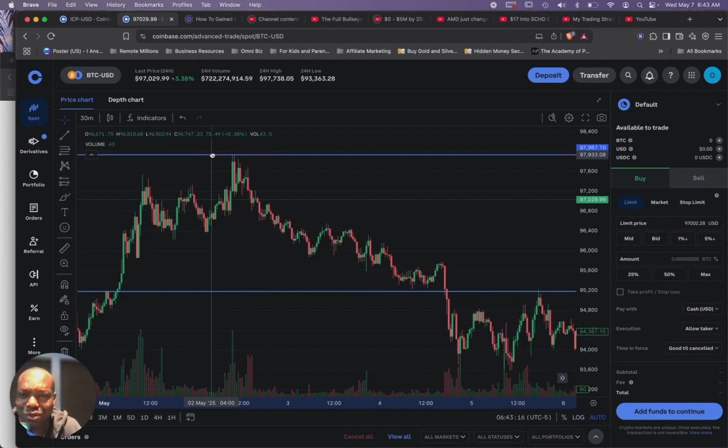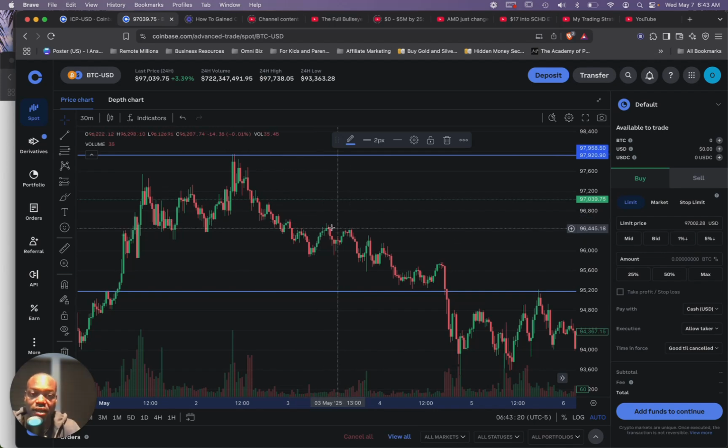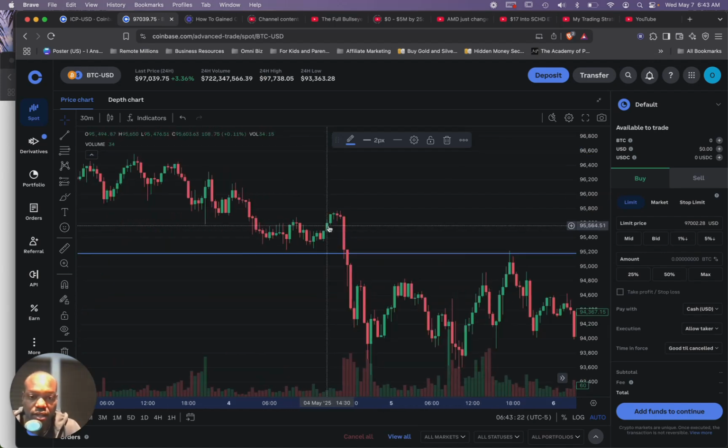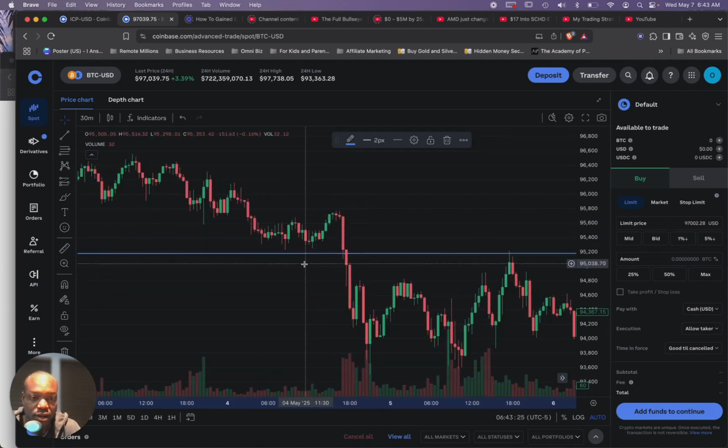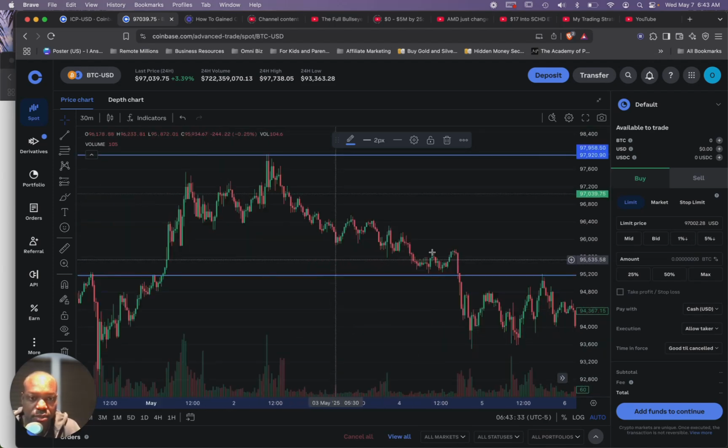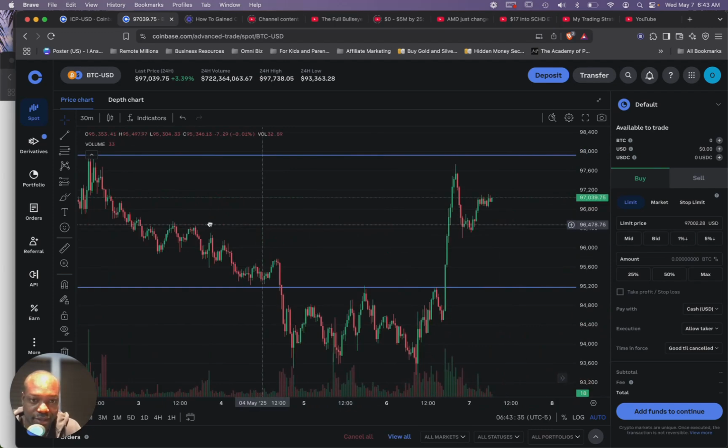Maybe you're a perfect estimator, but this is where I'm leaving this one now. This is a resistance to this, but a support to this, depending on where today is.